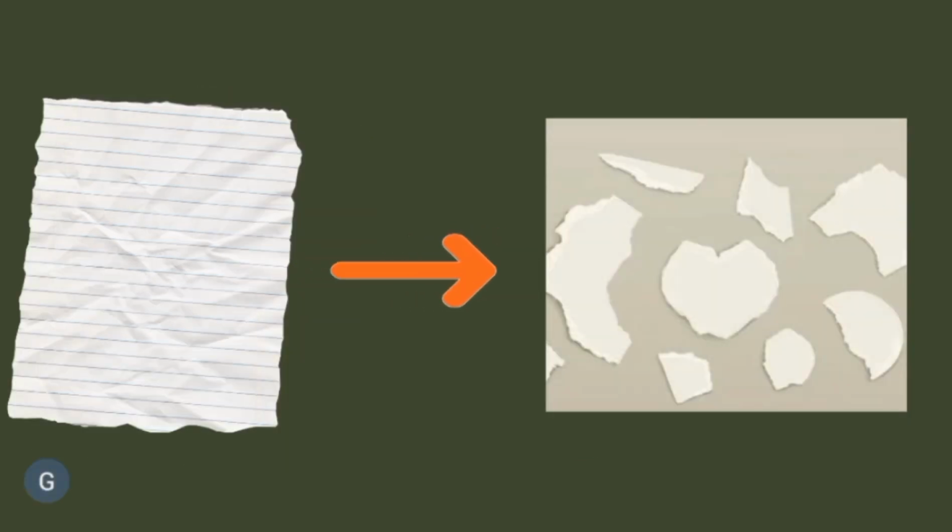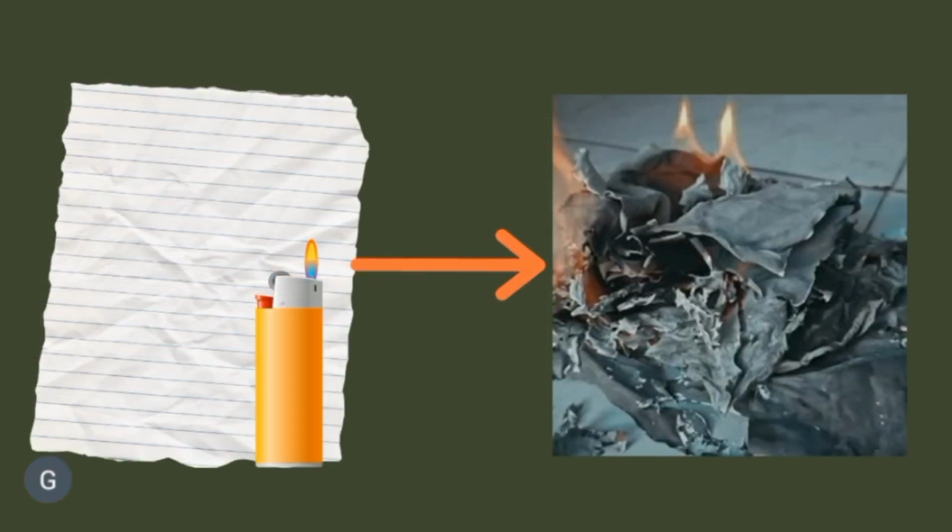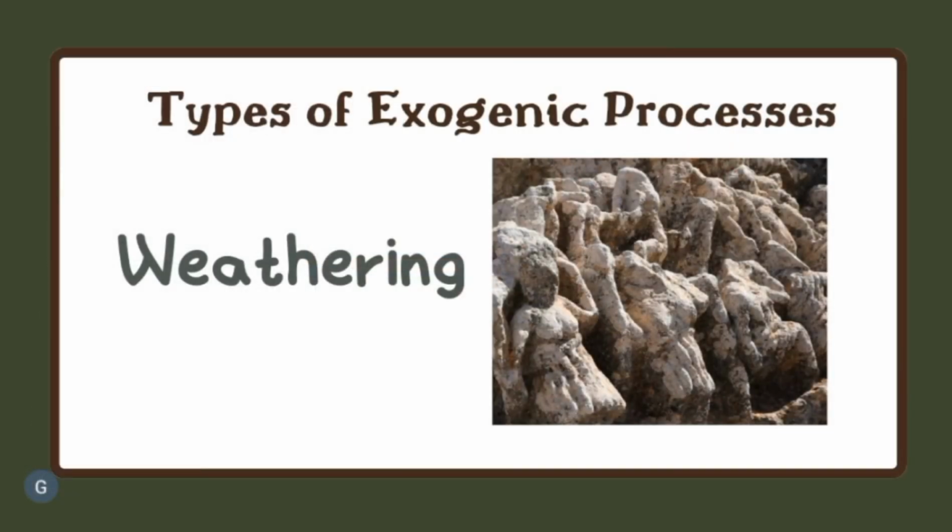Unlike the first example, the paper will only turn to smaller paper. There will be changes in its physical appearance, but it remains a paper. However, the second example, the paper turns into a new matter which is the ashes. So that is how weathering works.